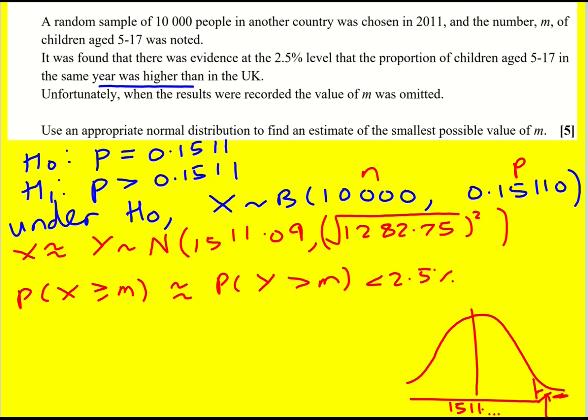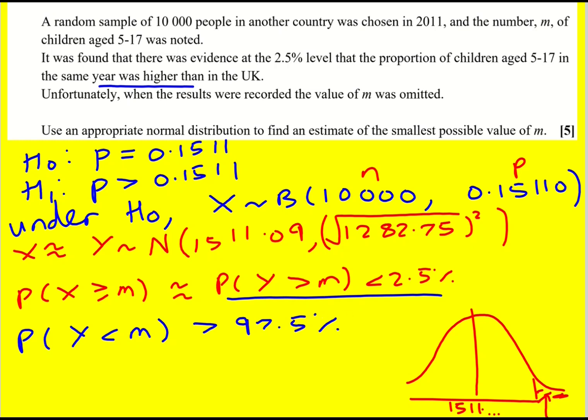You actually are allowed a range of values for M, so I'm just going to focus on this process. Okay, now I'm going to rewrite. I'm just going to focus on the normal part now and then write that the probability that Y is less than M is therefore going to be greater than 97.5%.